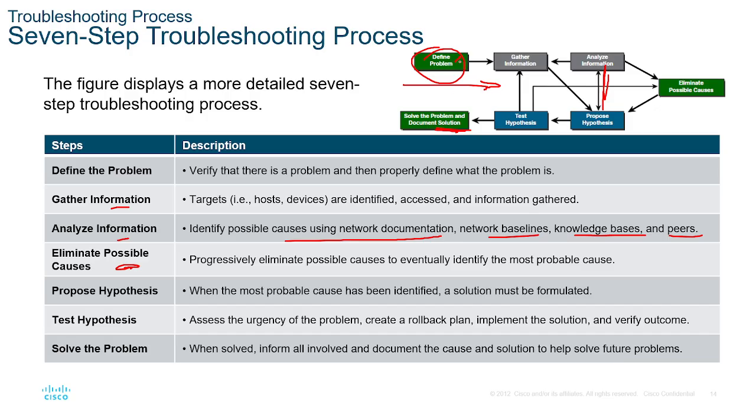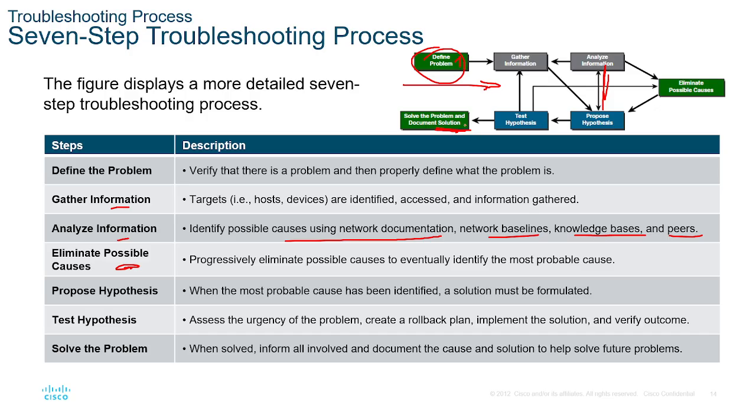So first you will define a problem, then you gather information. When you have your information, you will propose a hypothesis. Sometimes you may need to analyze the information that you have at the same time as proposing the hypothesis. If you propose your hypothesis and you think that you need to test it, yes, you can test it.